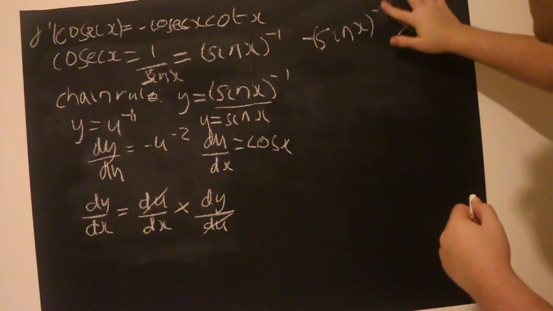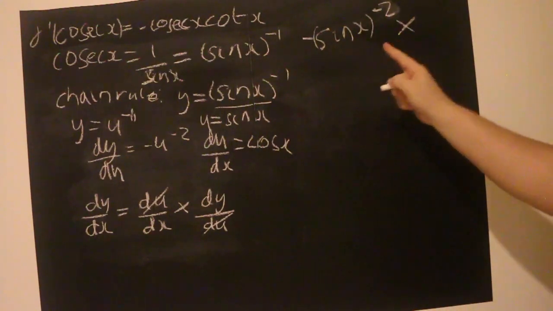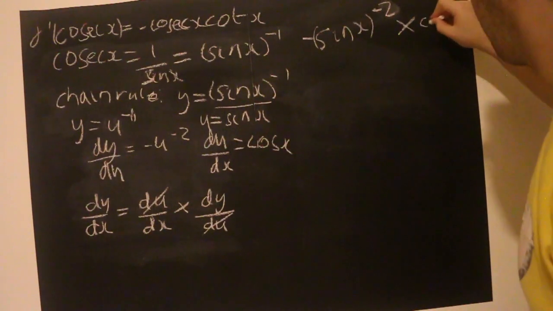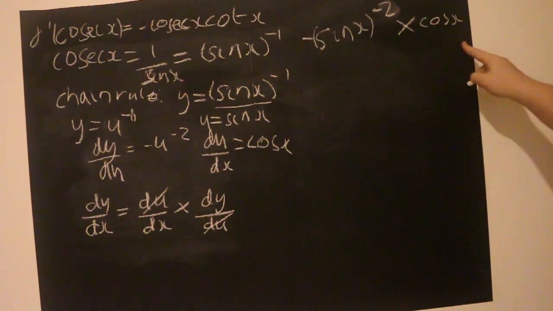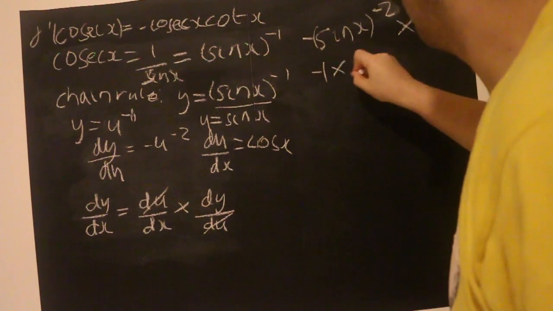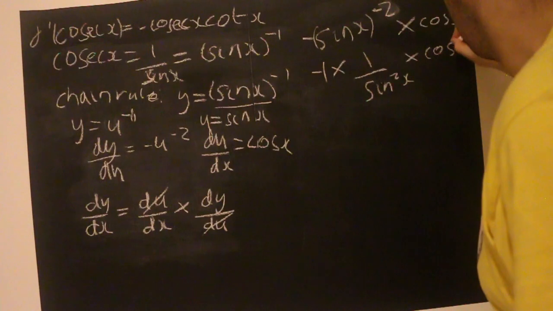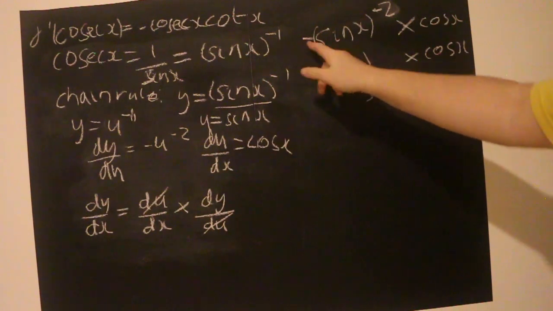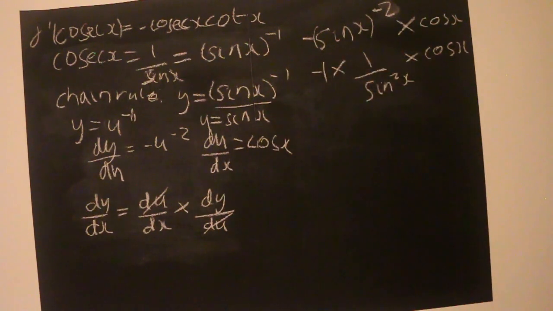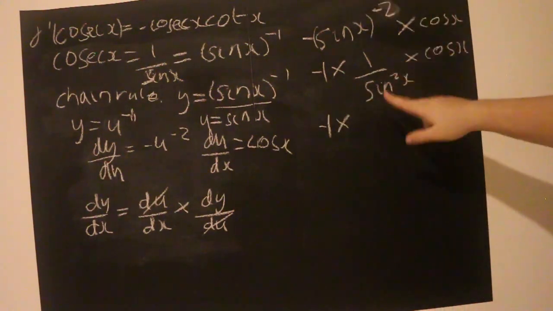Times du by dx, which is cos x. That is equal to dy dx. So now if we simplify this, we'll put it in terms of fractions. So minus 1 times 1 over sine squared x times cos x. 1 over sine squared x is sine x to the power minus 2. So that gives you minus 1 times cos x over sine x.